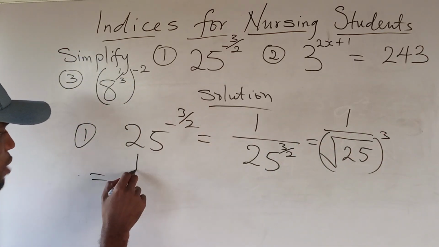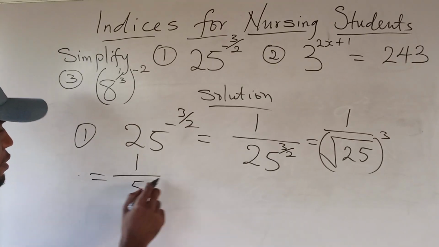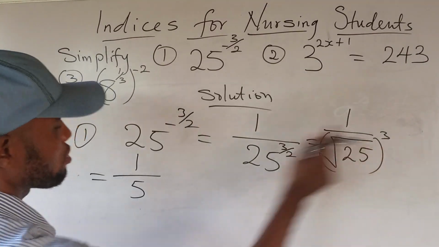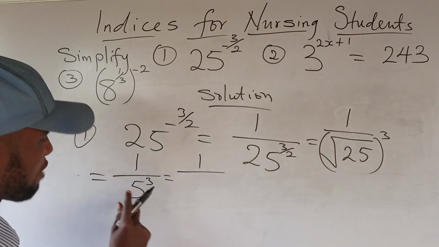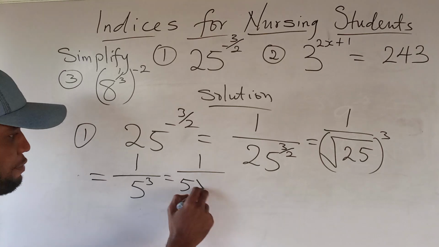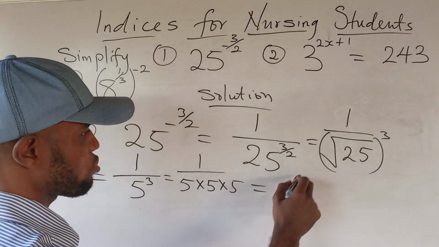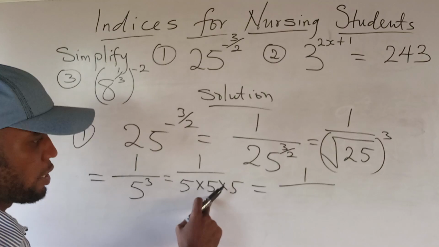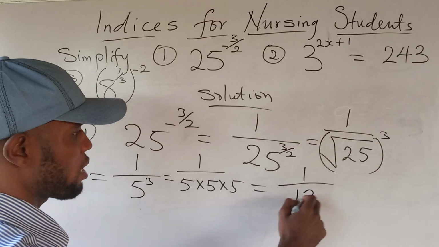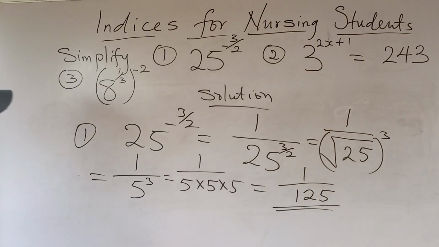Square root of 25 is 5. Then 5 raised to power 3, which is 5 times 5 times 5. 5 times 5 is 25, 25 times 5 is 125. So our answer for question 1 is 1 all over 125.